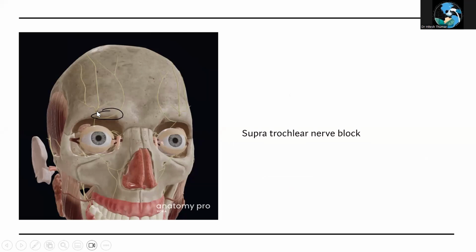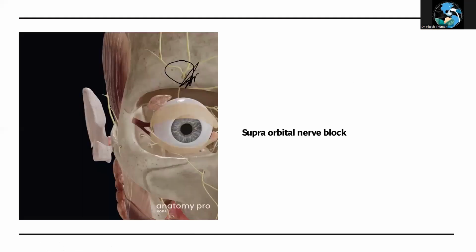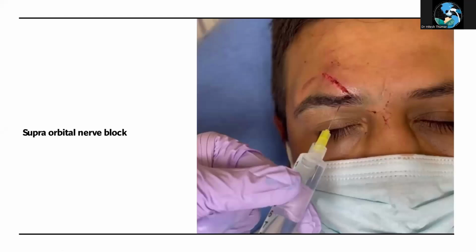A little depression is there, which is called the supraorbital notch. Just 1 centimeter medial to the supraorbital notch, deposit 2 to 3 ml of local anesthesia by hitting the bone perpendicularly. You will block the supraorbital nerve.